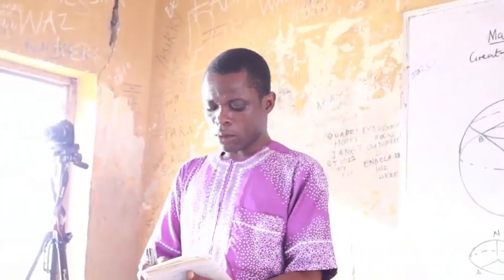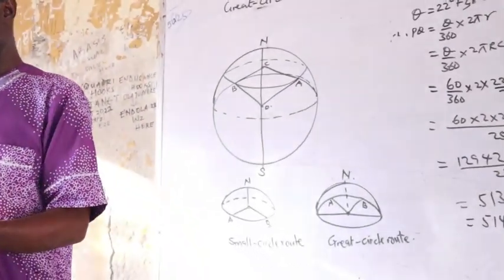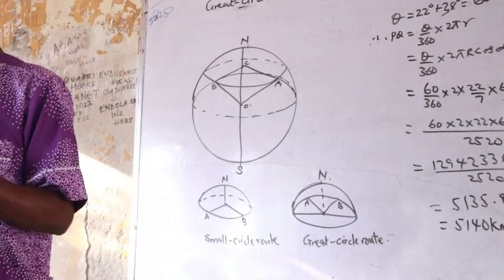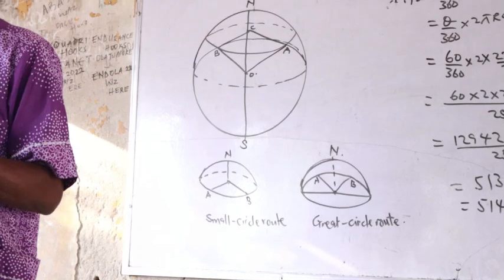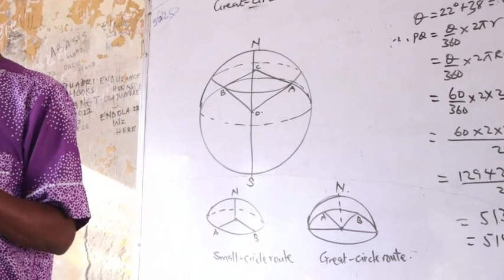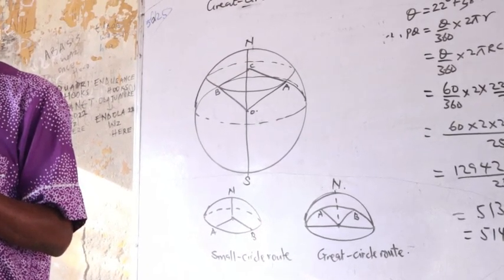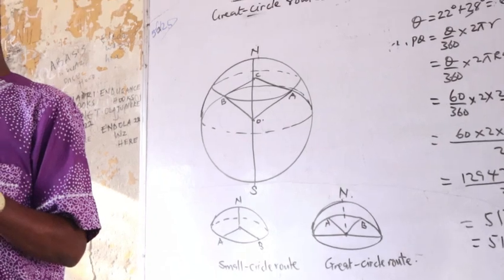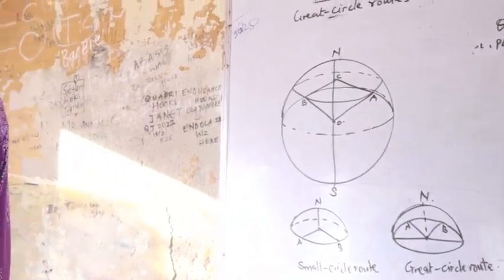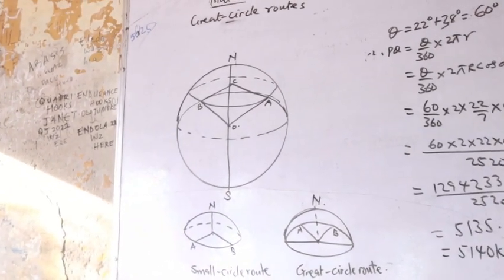Now the shortest distance between any 2 points on the Earth's surface is along the great circle that connects them. Now, let me explain this.